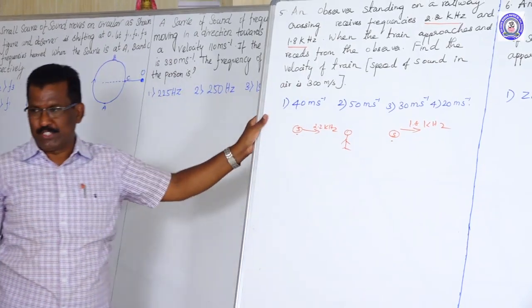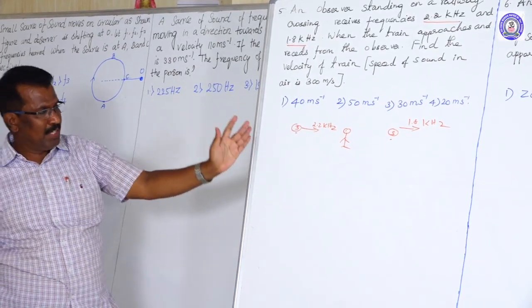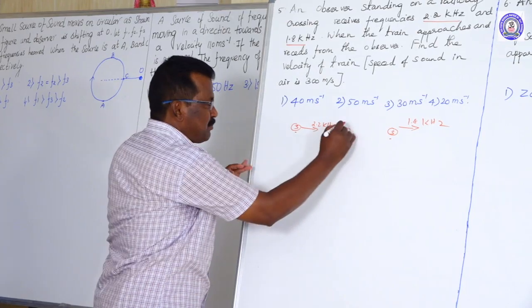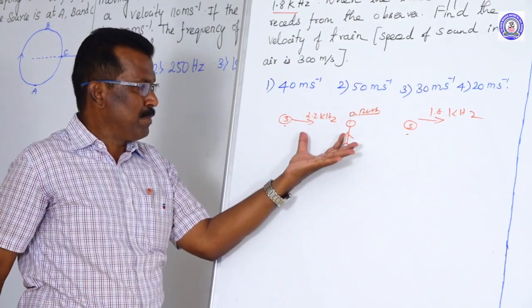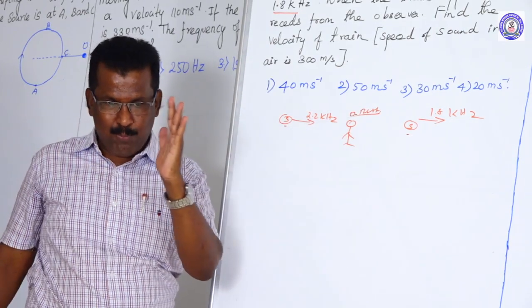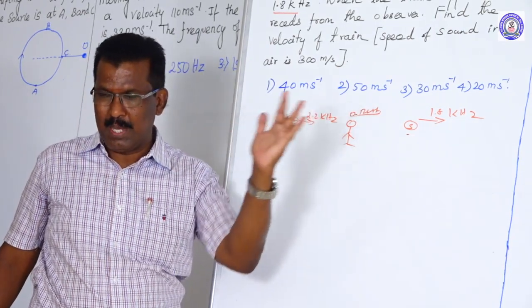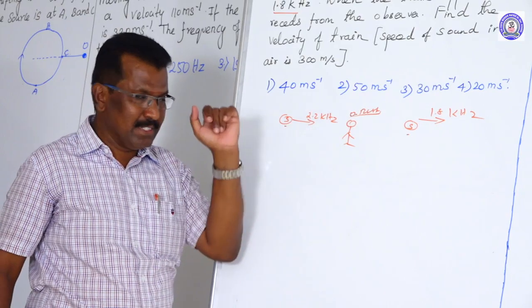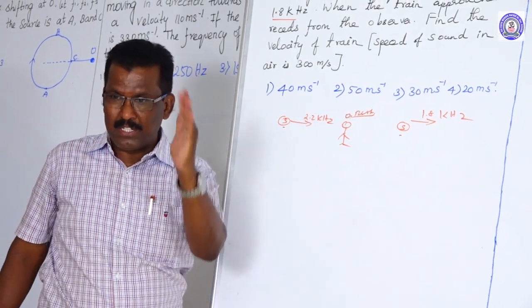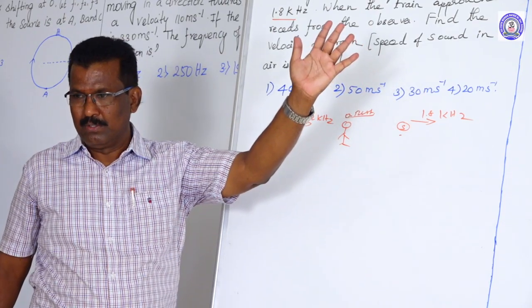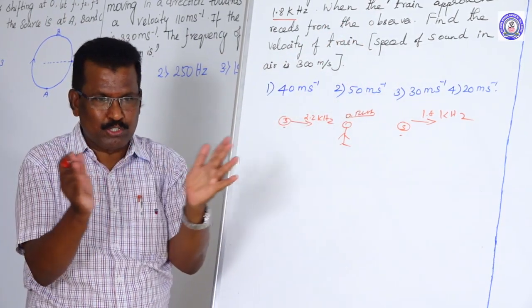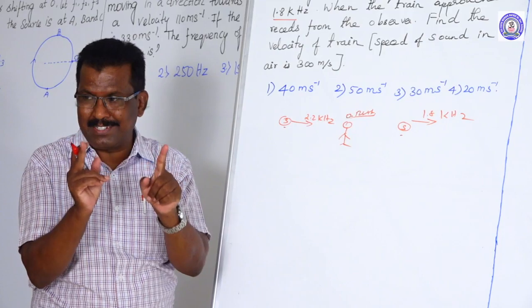Okay, there are two situations. The observer is at rest. In the first situation, the train approaches towards the observer. In the second situation, the source recedes away from the observer. By combining these two situations, we have to calculate the velocity of the train.